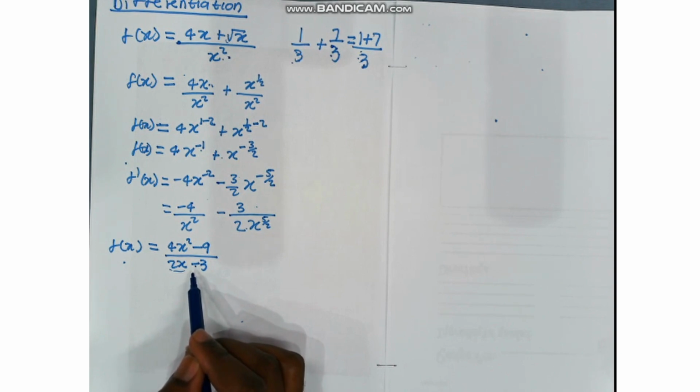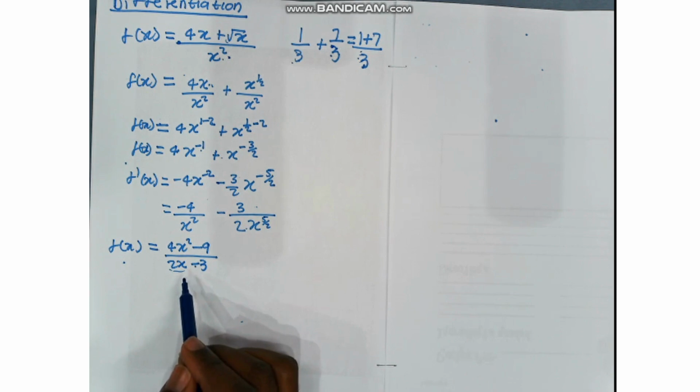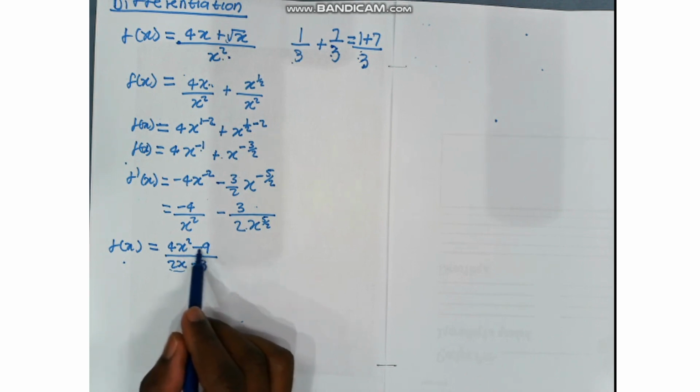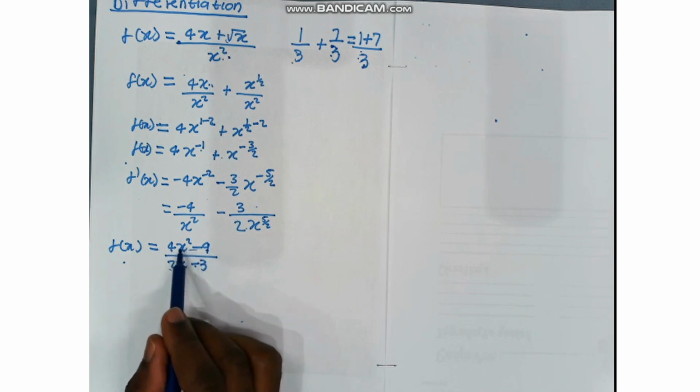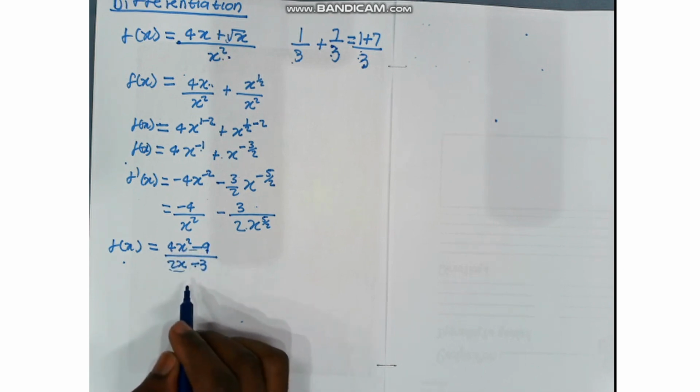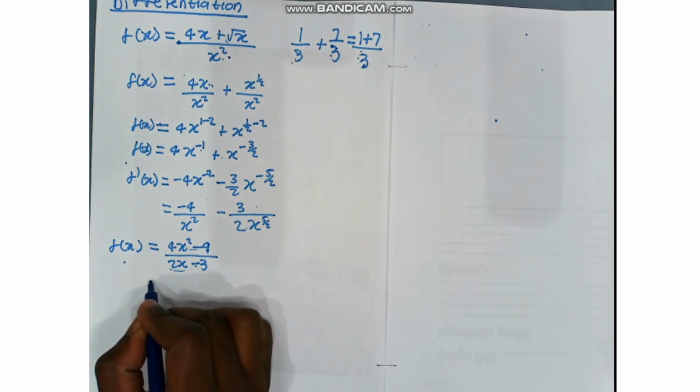So now what we need to do here is apply what we have learned from grade 10. We can factorize this. What type of factorization is this? It's difference of two squares.